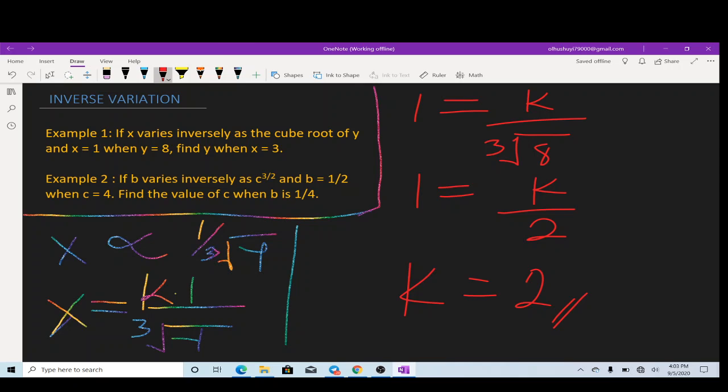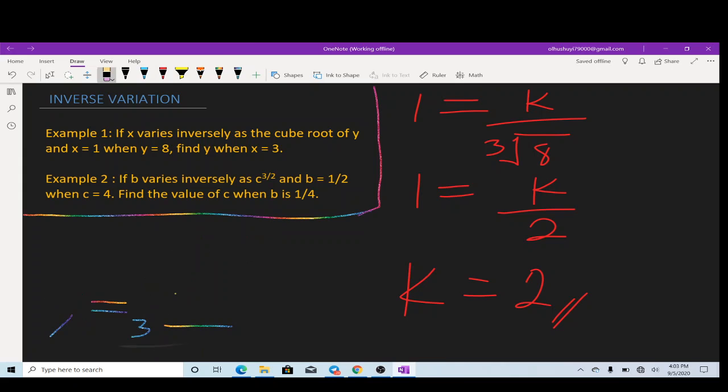Let's move on. The question now says find y when x is 3. Don't forget x is equal to k over the cube root of y.